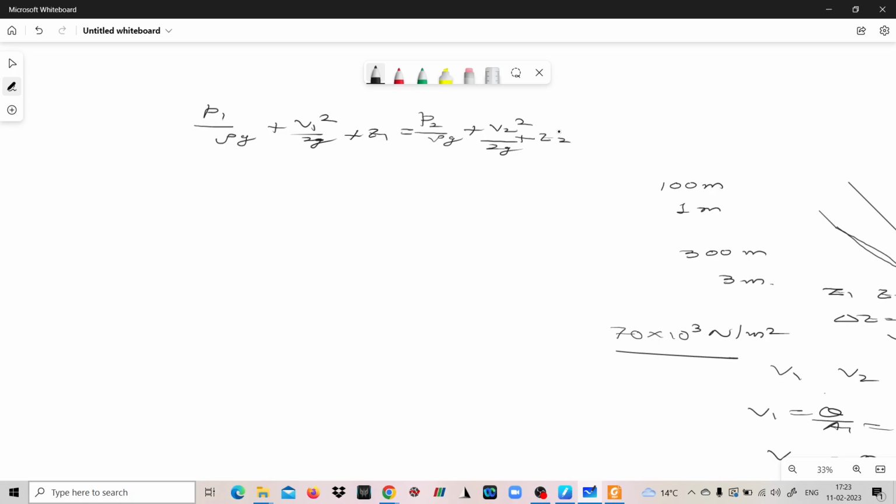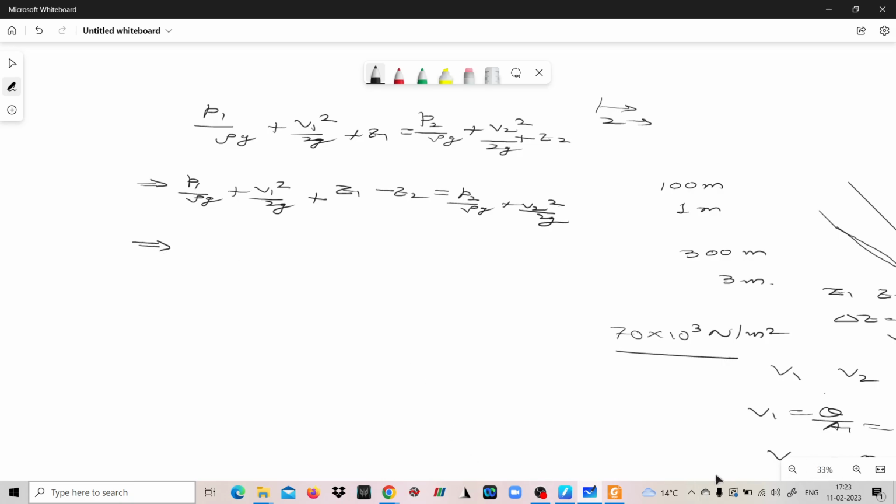Say 1 denotes the higher end and 2 denotes the lower end. So if 1 denotes the higher end, then this can be written as P1 by rho g plus V1 square by twice g plus Z1 minus Z2 is equal to P2 by rho g plus V2 square by twice g.